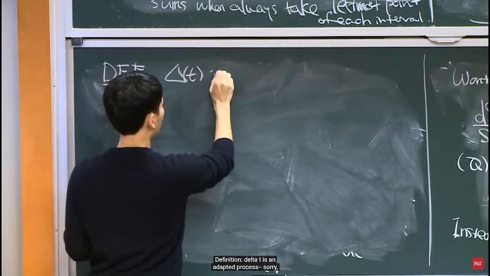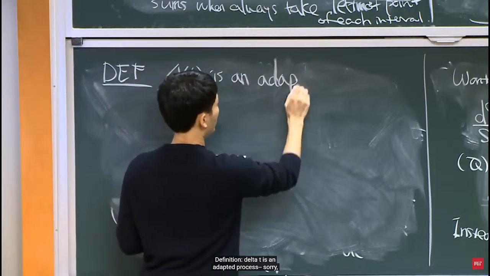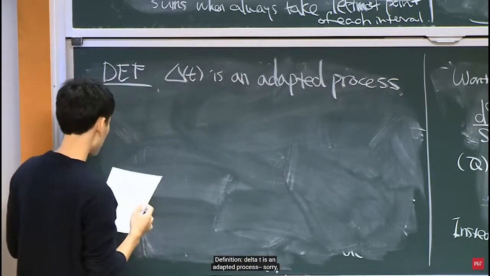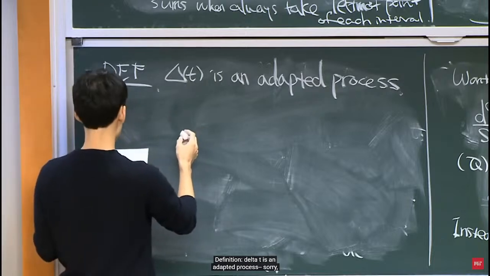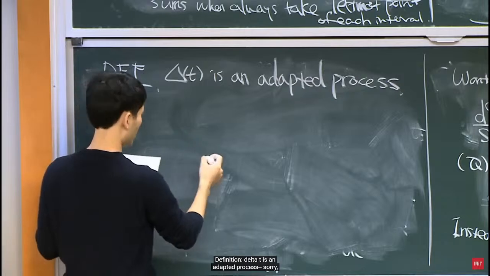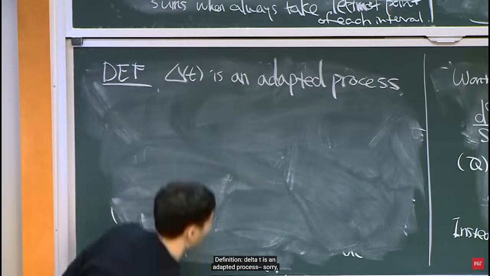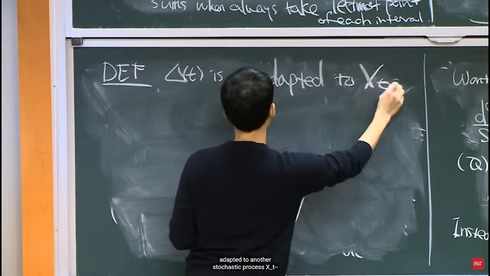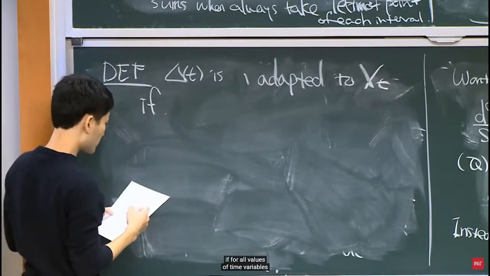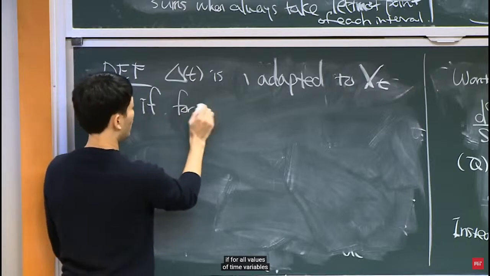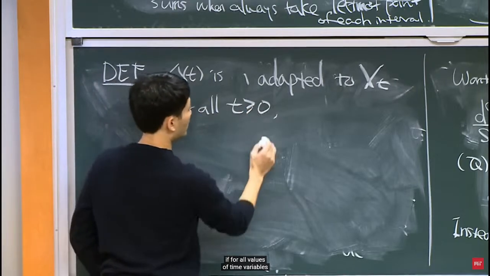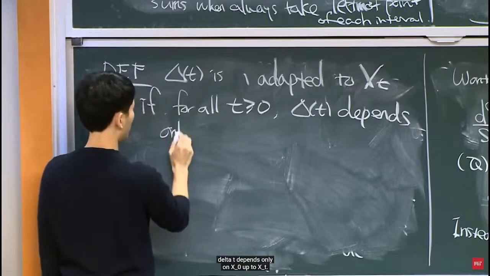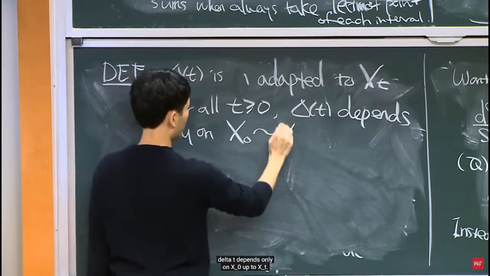Delta t is an adapted process adapted to another stochastic process xt if, for all values of the time variable, delta t depends only on x0 up to xt.